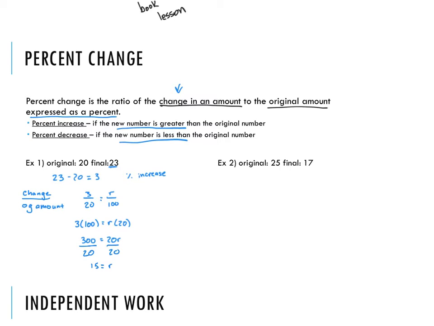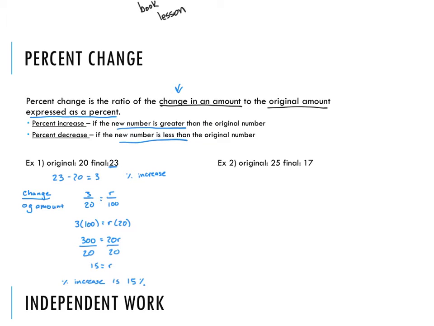Now, since this is a real-world example, you do have to say what it is you found in terms of the real world. So my complete answer, I should say, is that the percent increase is 15%. Okay. Now, using symbols is fine. Just make sure you write this as a sentence.